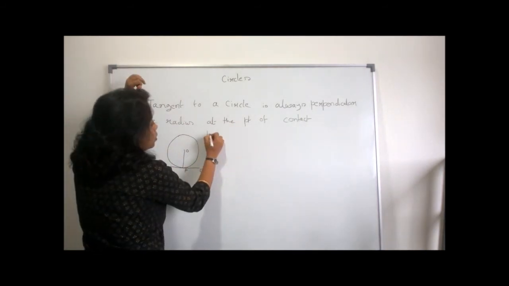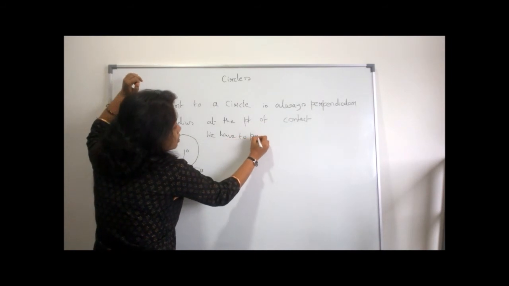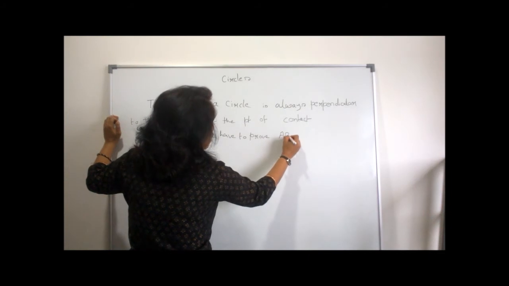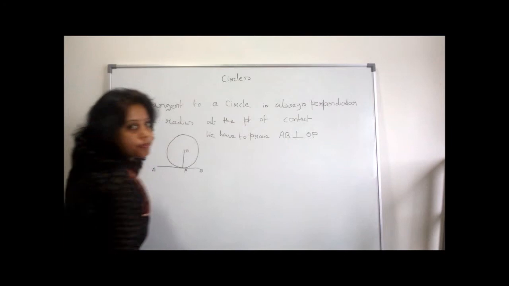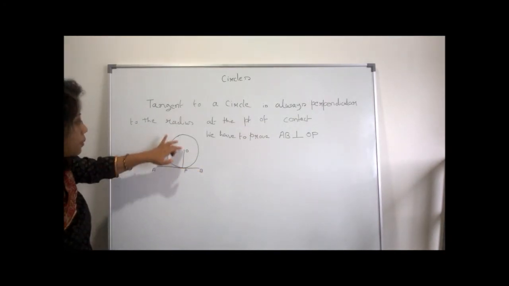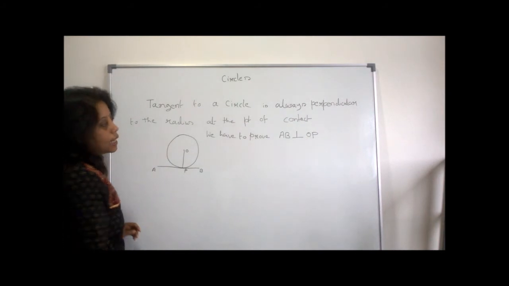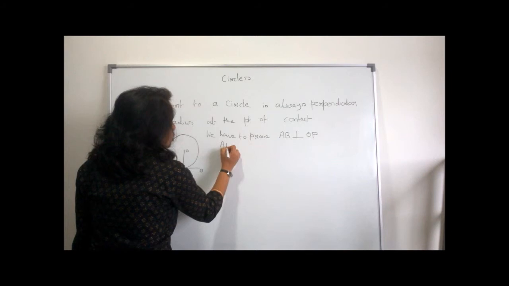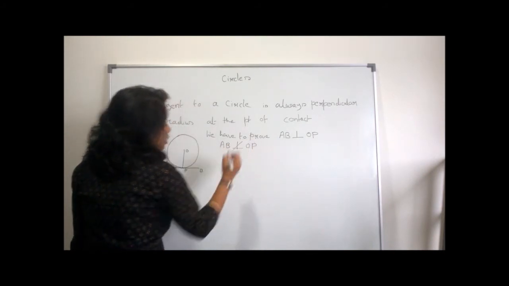That means we have to prove here that AB is perpendicular to OP. But we first assume that this is not true. So we assume AB is not perpendicular to OP.